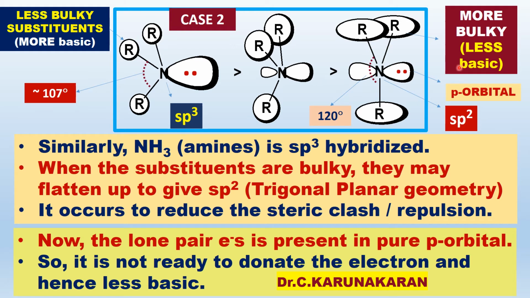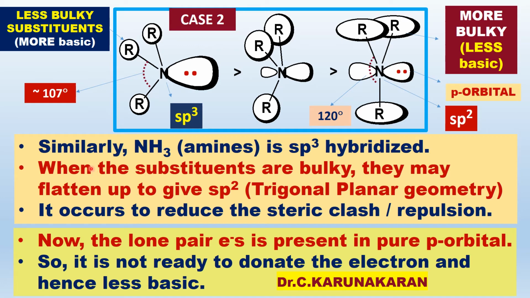If it donates the electron to boron, Lewis base to Lewis acid, then it becomes sp3. Therefore it is not ready to donate, and hence bulky tertiary amines are less basic.